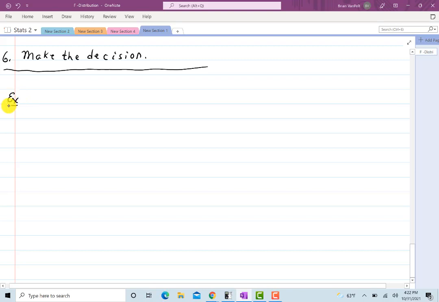Example. Suppose we have the following claim. Sigma 1 squared equals sigma 2 squared. So here we're proposing that the two populations are equal to each other. Here's what my sample stats are. We have S1 squared equals 310.